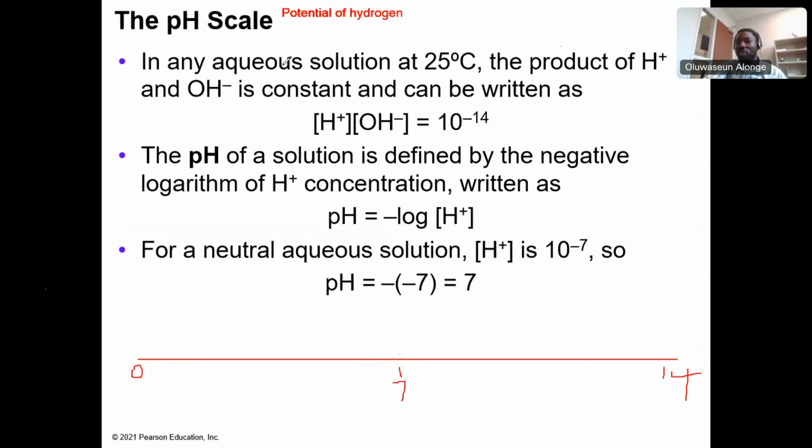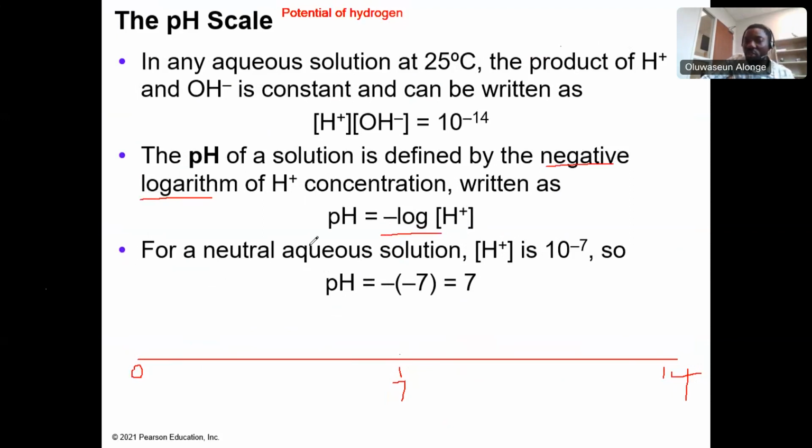All right. Now, in any aqueous solution at 25 degrees Celsius, the product of H plus and OH minus is constant and can be written as this. That tells you that pH is actually not a table of 0 to 14, like 1, 2, 3, 4, 5, 14. It's a logarithm table. So the pH of a solution is defined by the negative logarithm, a negative log of the H plus concentration.